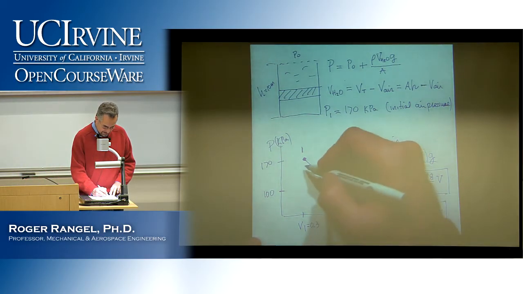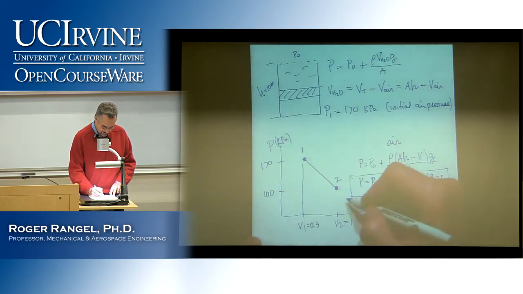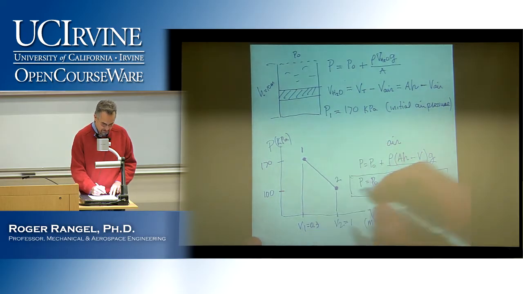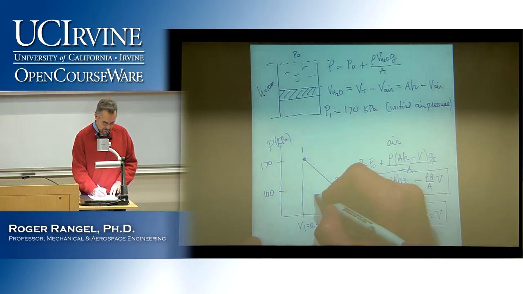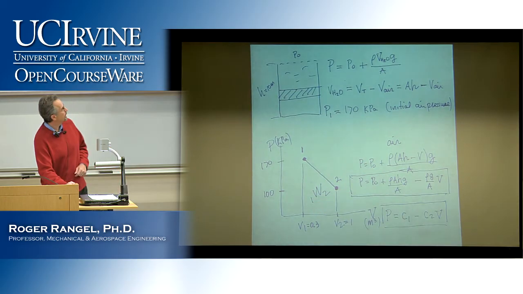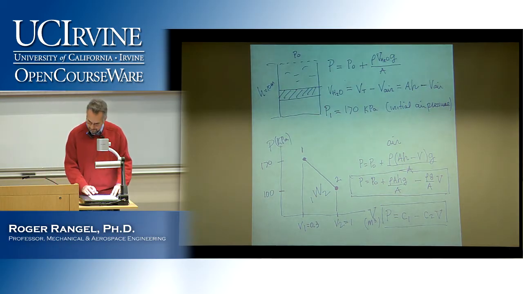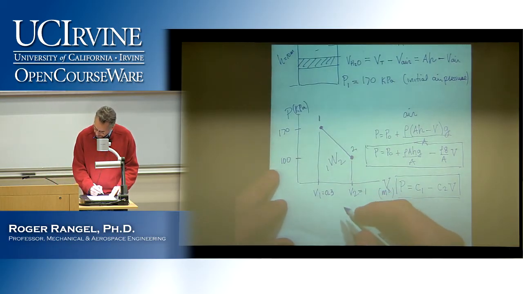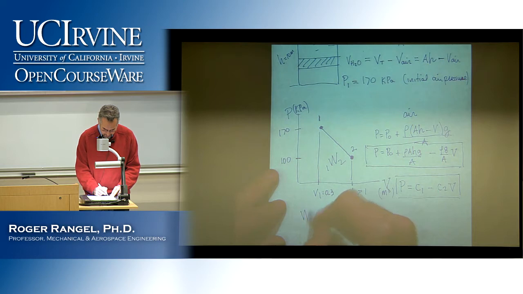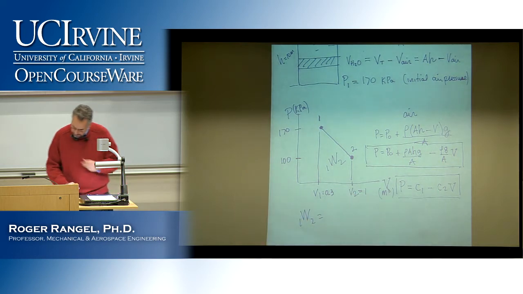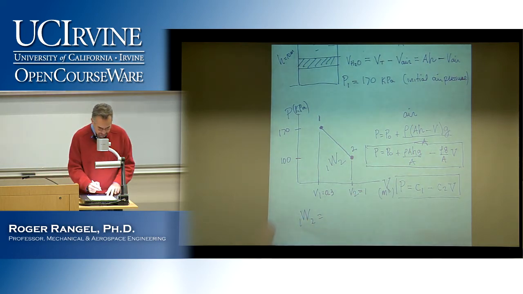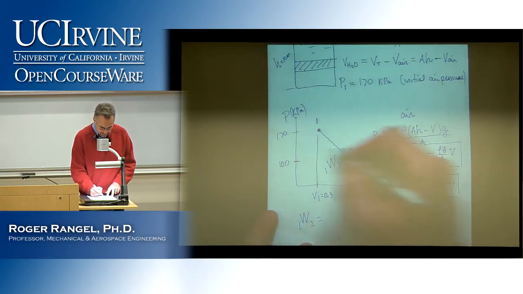That means that I can compute this area, right? Which is going to be the work done by the air. So that work, how can I find that area? Take the average pressure, right?